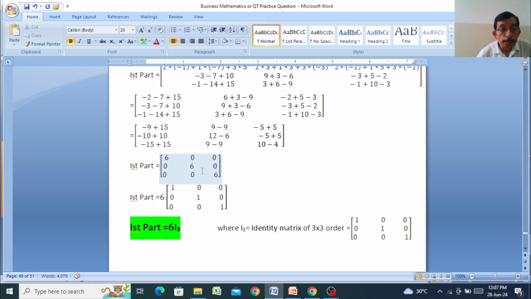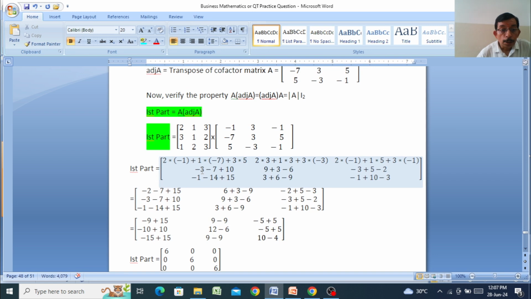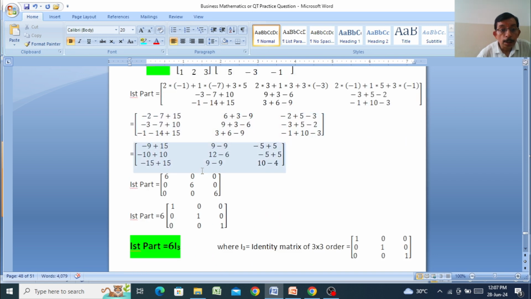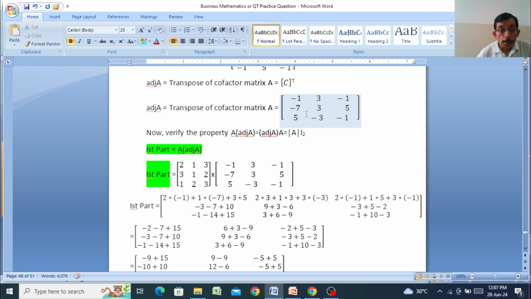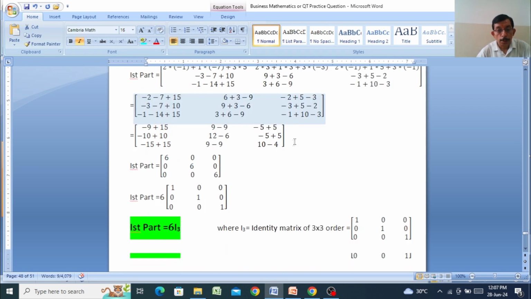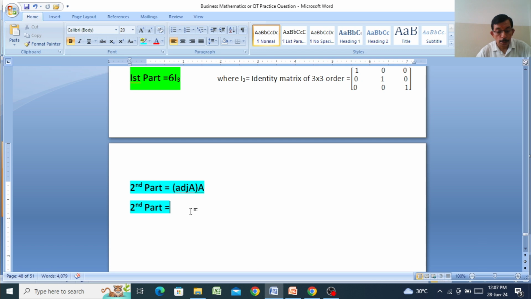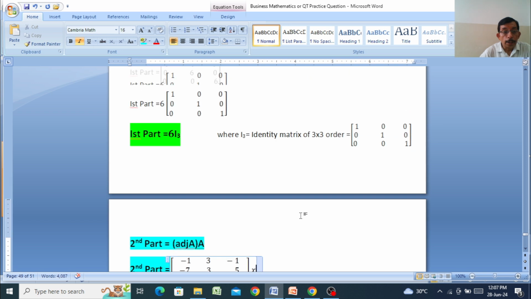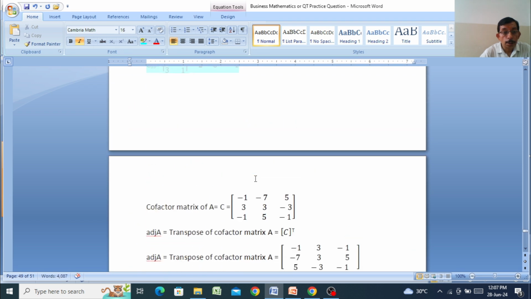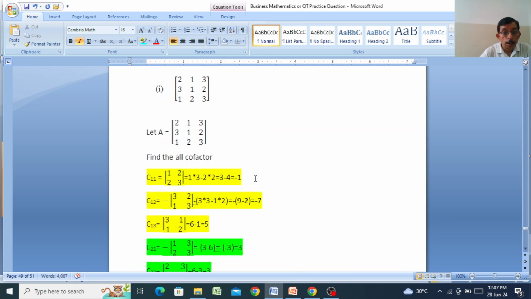Adjoint A value is calculated in here. This is the adjoint A value into A. A is given here.